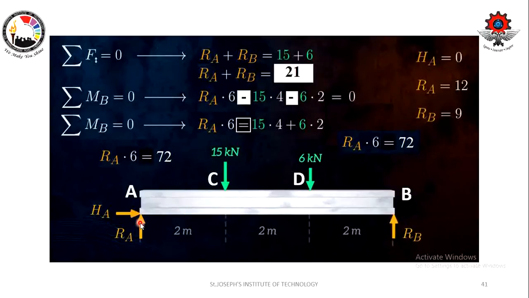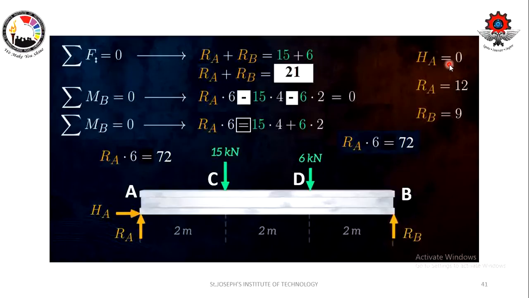The sum of the two vertical forces RA and RB should be equal to 15 plus 6 kilonewton. That is what we have written here. RA plus RB is equal to 21 kilonewton, right?